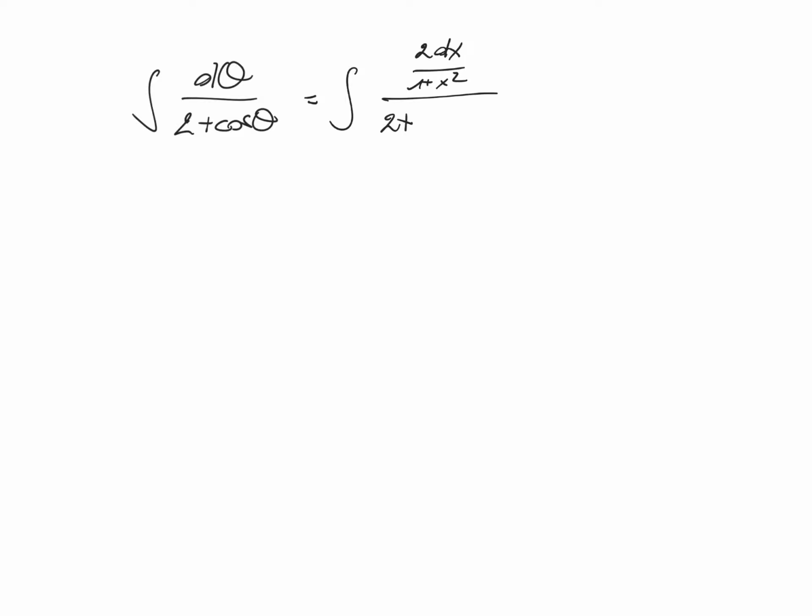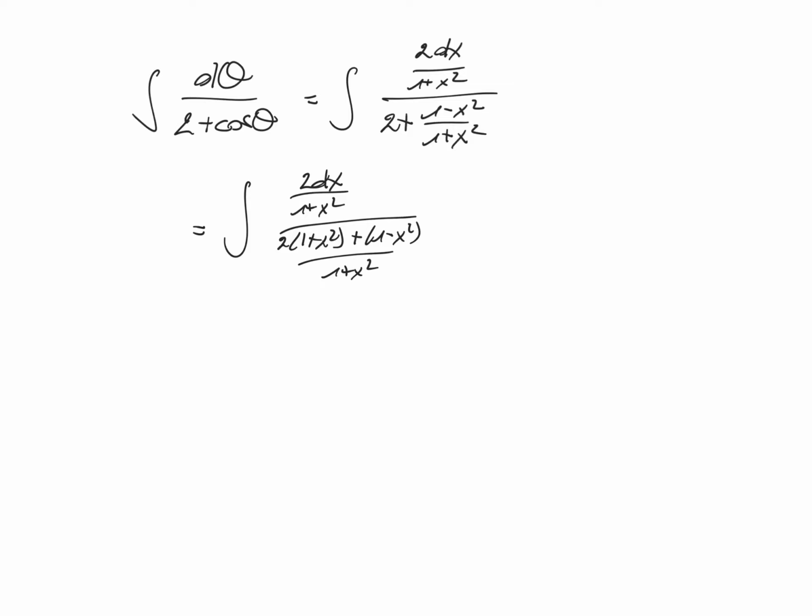And then here the cosine was 1 minus x squared over 1 plus x squared. This is the integral 2 dx over 1 plus x squared divided by 2 plus 1 minus x squared over 1 plus x squared.